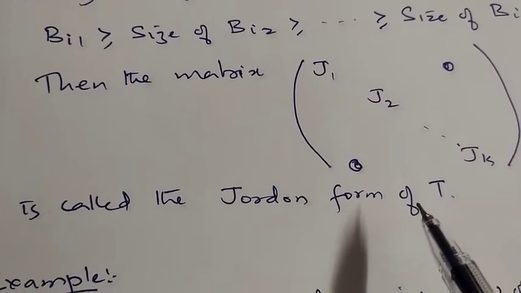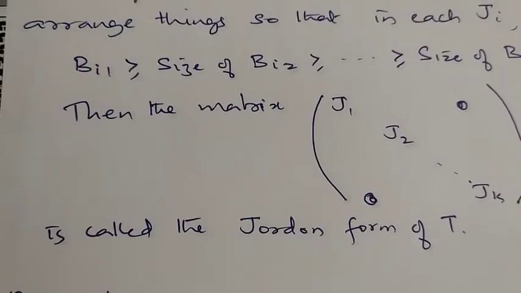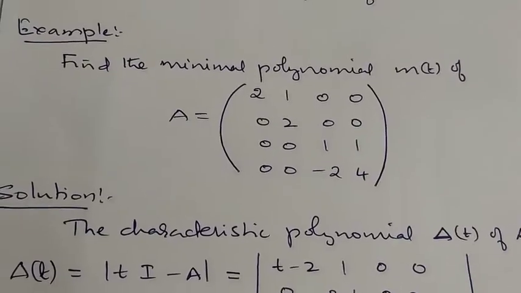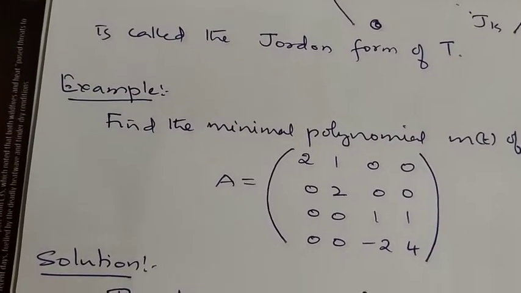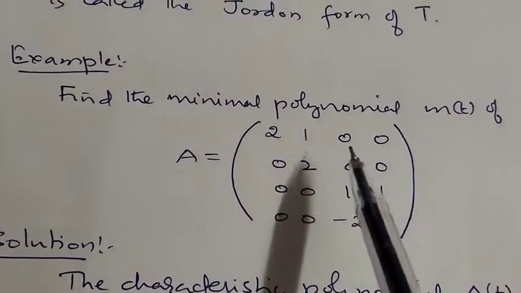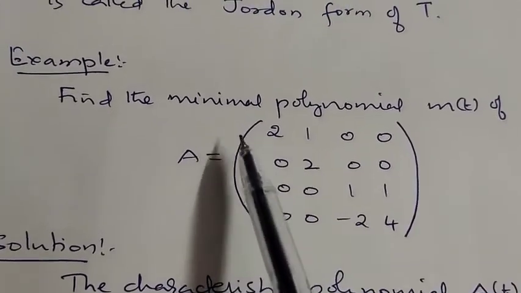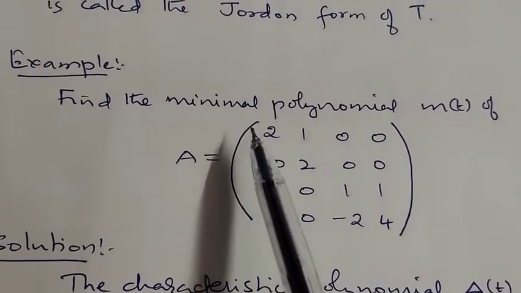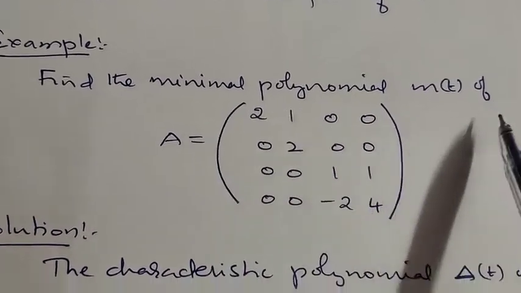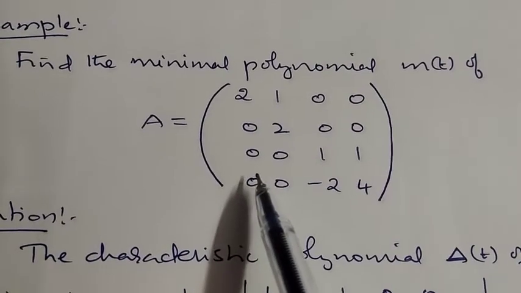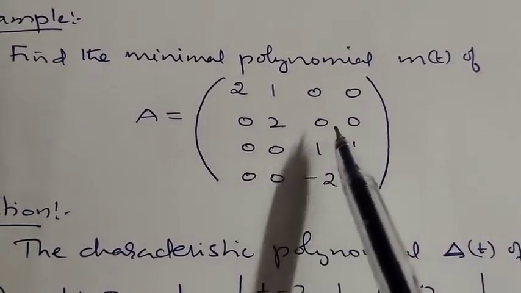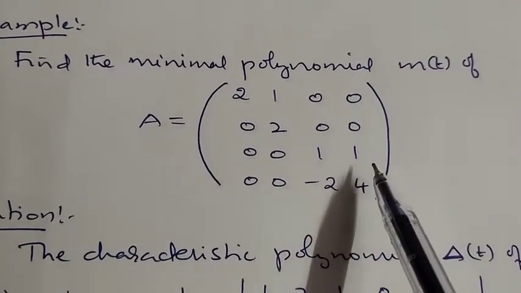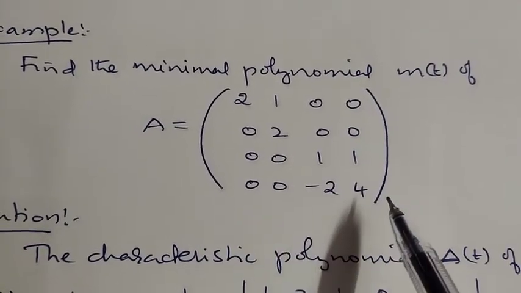Okay. So now before taking up the particular examples on Jordan canonical form, let us take up few simple examples. Say here, in this example we find the minimal polynomial m of t of the matrix which has entries 2 1 0 0, 0 2 0 0, 0 0 1 1, 0 0 minus 2 4.